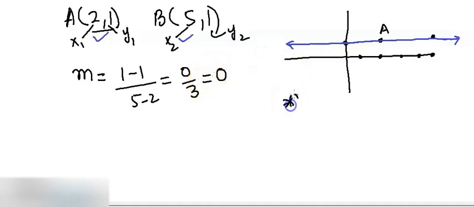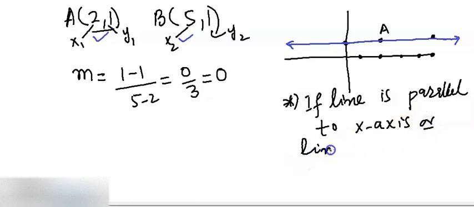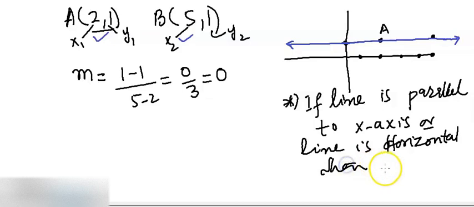So that means if a line is parallel to the x-axis, or we can say that the line is horizontal, then the slope or gradient is equal to 0.